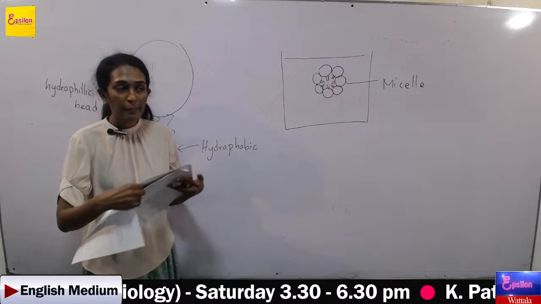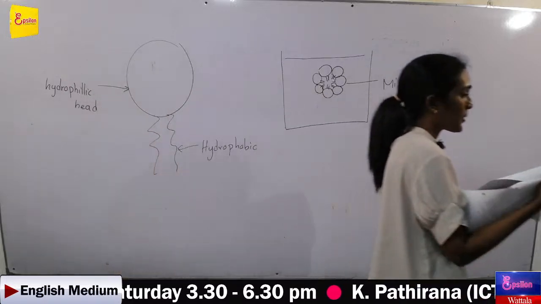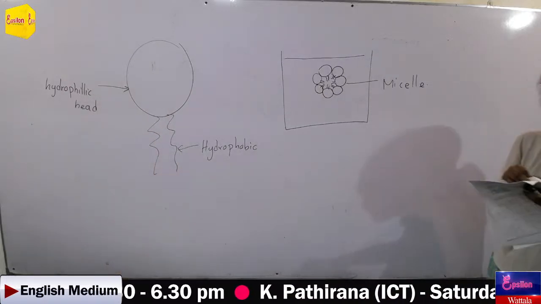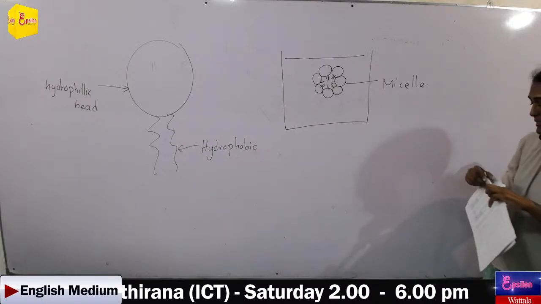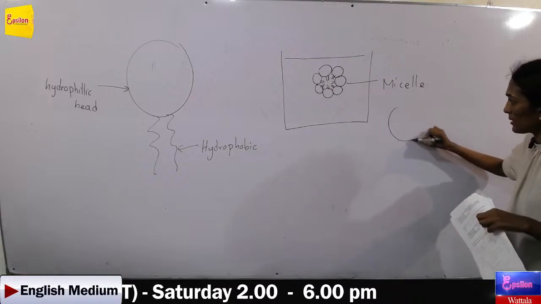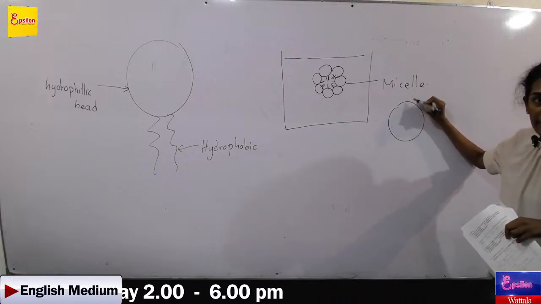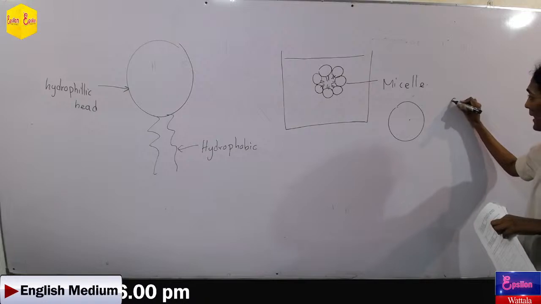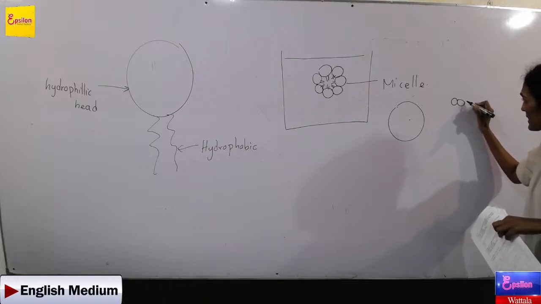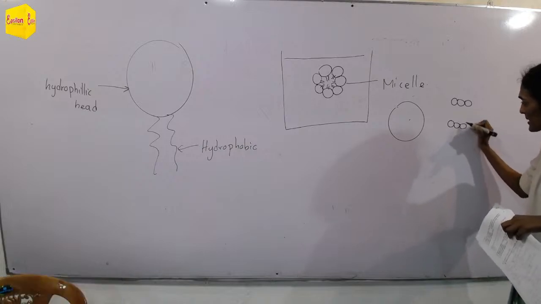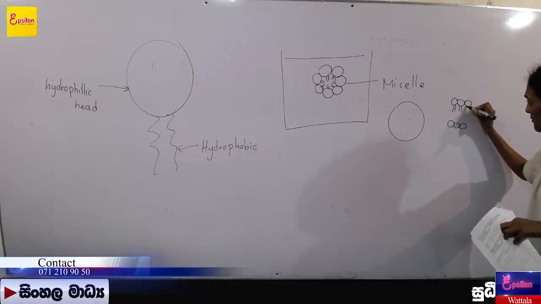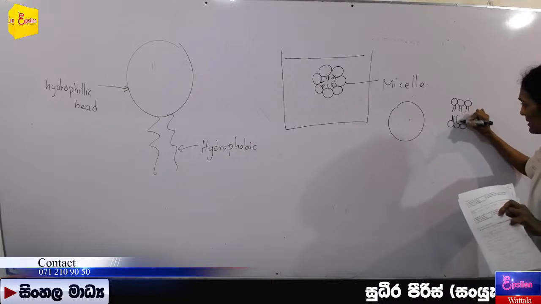In the plasma membrane also, these phospholipids are arranged nicely. Always the head is facing towards the water. Let's say this is a cell. The outside is water, no? Inside is also water. So they are nicely arranged like this. Heads are tightly packed, so the tails are facing towards the interior.